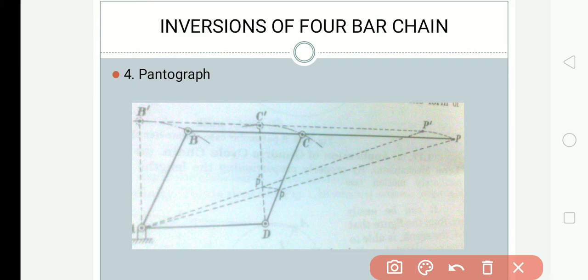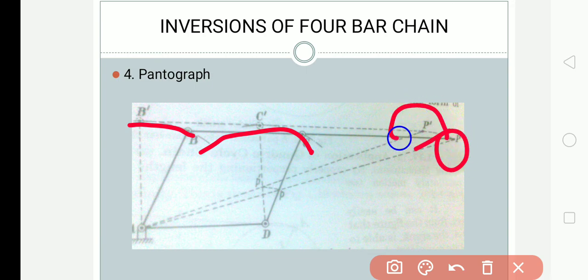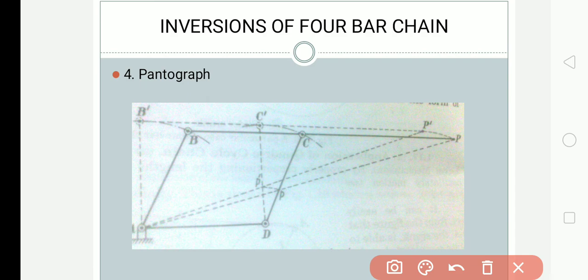When the pantograph operates, the final position of the pantograph is shown by the dotted lines. You can see the dotted lines. From the dotted lines you can see that the point B has moved to B dash, point C has moved to C dash, and the point P has moved to P dash. These are the extreme positions of B, C and P respectively.